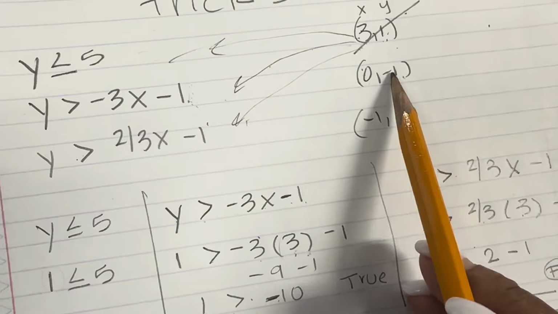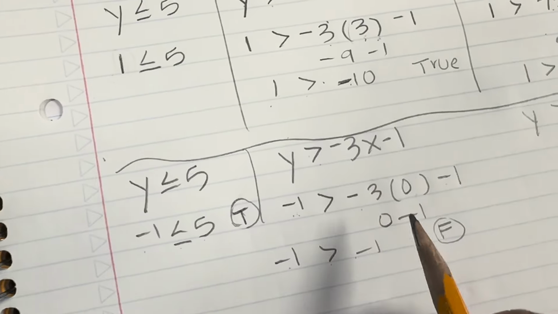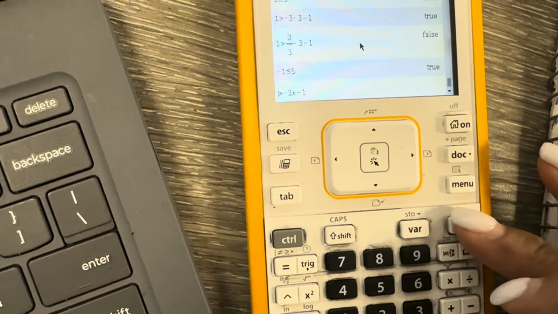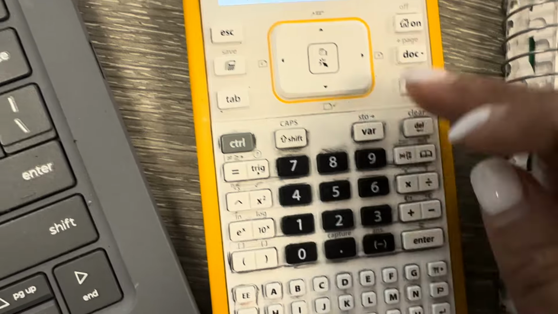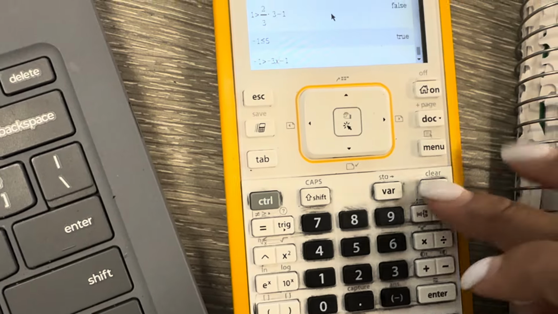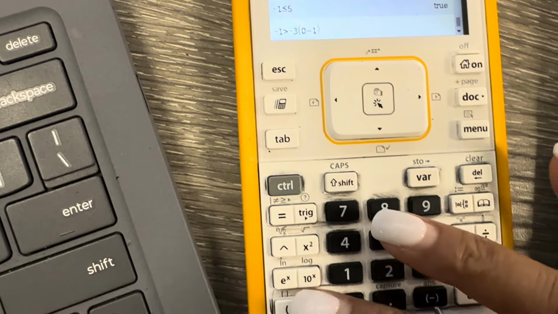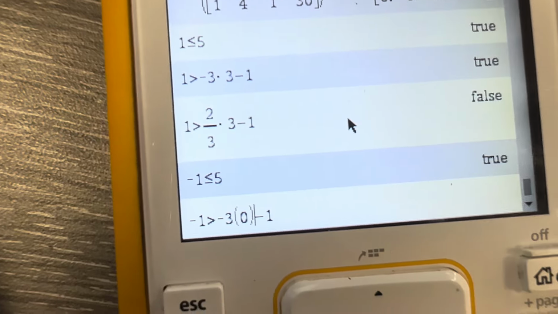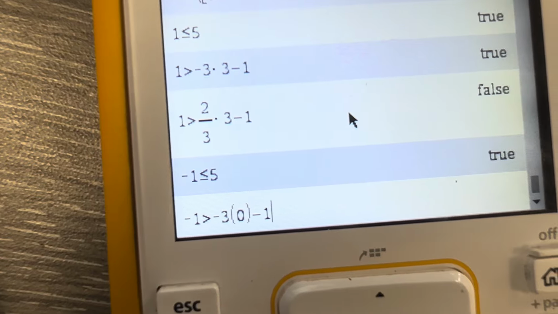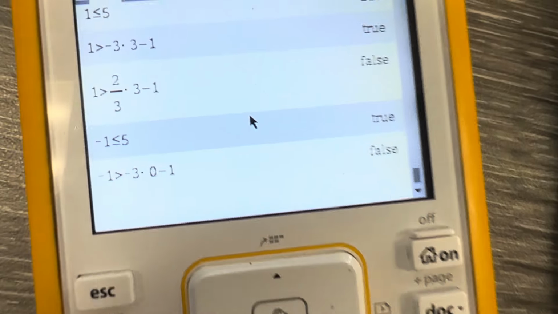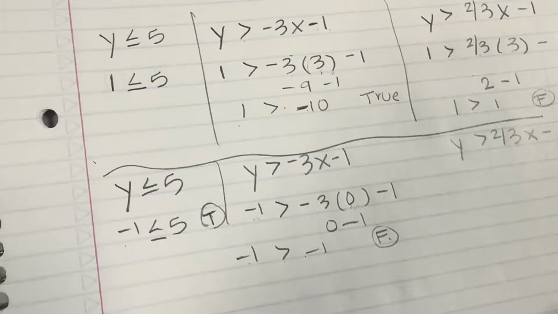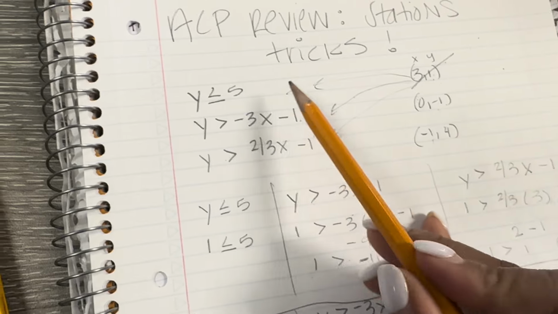Y is negative 1, right? The x is 0. So delete that and put negative 1. For the x, make sure you put parentheses and put 0. And hit enter. False, right? False. And keep going until you find which point works in all 3 of these.